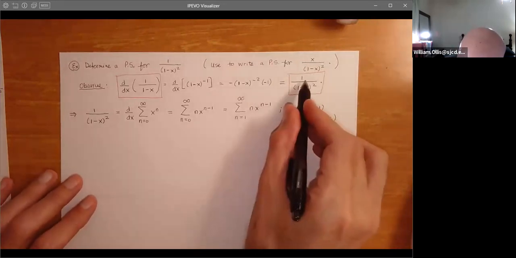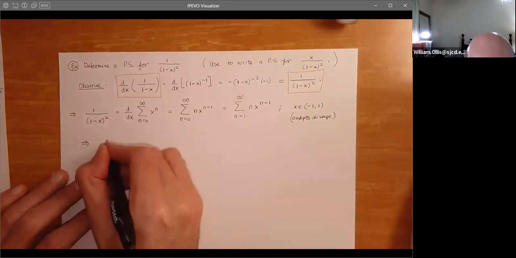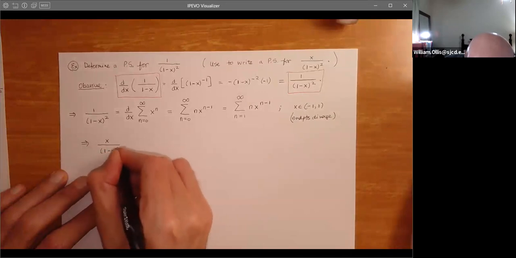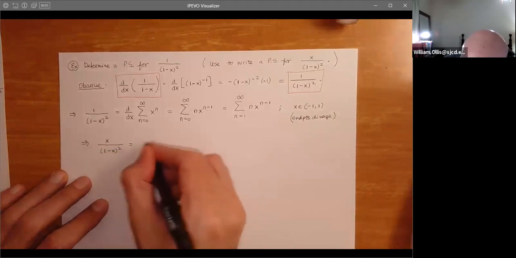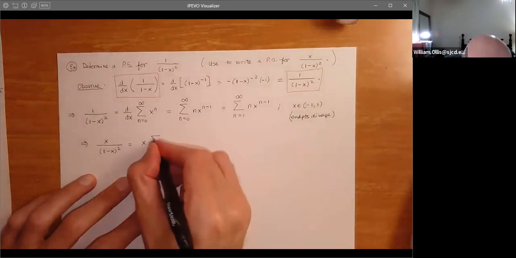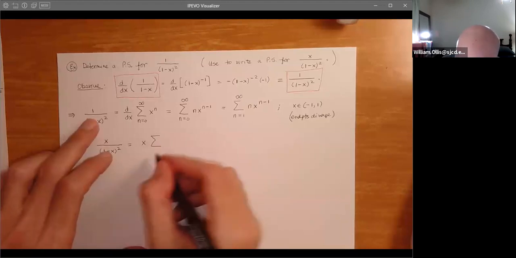So now if we look at this, this implies that x over (1 minus x) quantity squared will now be x times the series, because again, 1 over (1 minus x) quantity squared is this series.